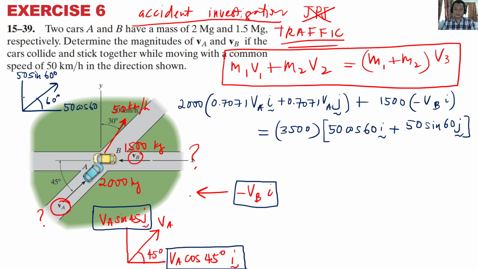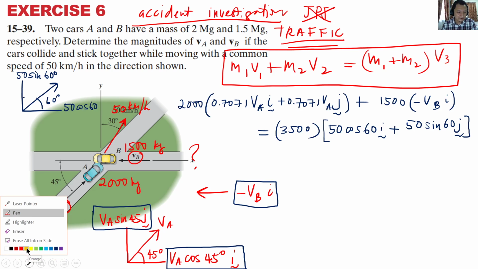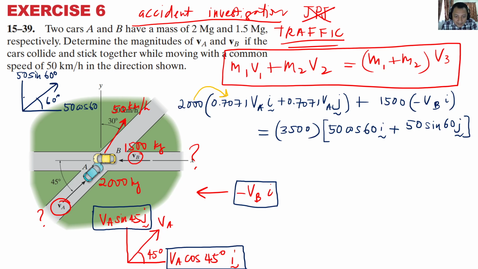Yeah, this is how you solve it. I'm going to use a different color, yellow, orange. This one multiply, this one also multiply, and expand. And then you have to equate the i and j components.